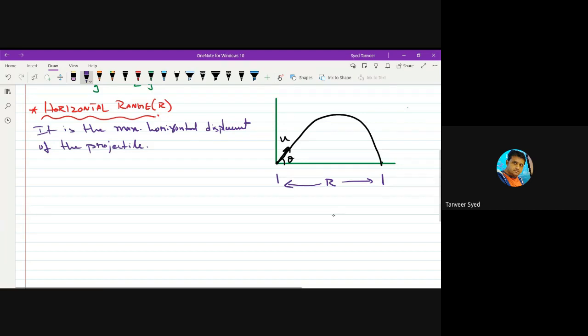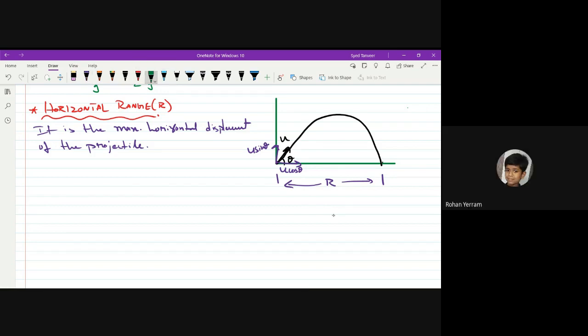Again, we should think from the point of which velocity will decide range. Again, two components of velocity, u cos theta, u sin theta. Horizontal range will be decided by u sin theta or u cos theta?